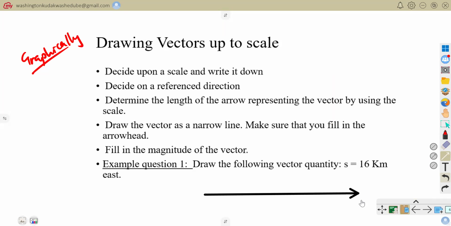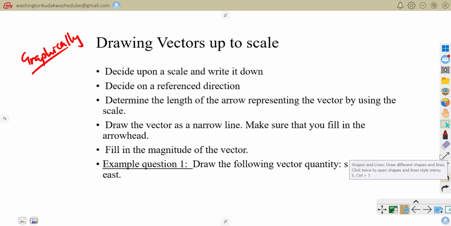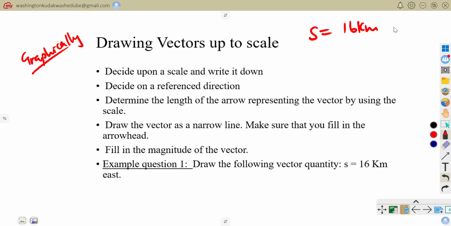Pardon me there. We've managed to delete that one. Now, before we can do anything, our vector is displacement, and it's 16 kilometers to the east.